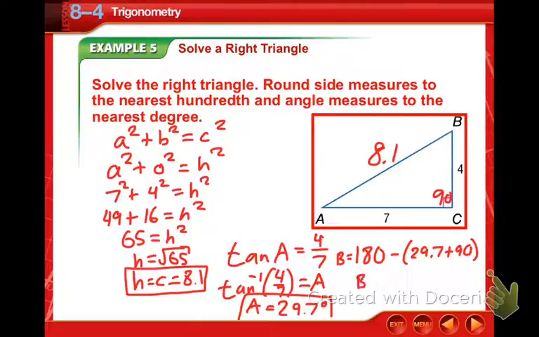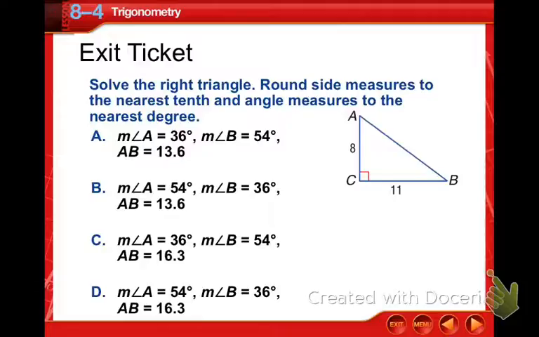So B is equal, after you do all the work here, to 60.3 degrees. We've found everything we can find about this triangle. We got all three angles, all three sides, nothing else we can find out about it. So here's our exit ticket. Do the same thing we just did, basically, just different numbers.